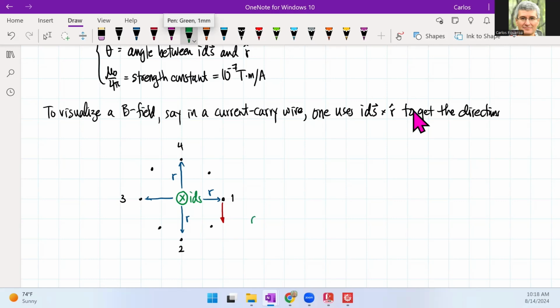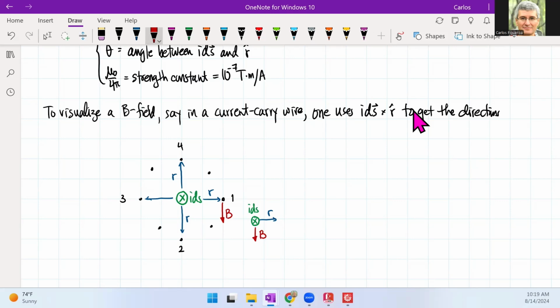I have the current going like this, which will be I ds. Then I have my vector going like that. If I have my index finger in the direction of the current, and then I take my middle finger and go to the right, that forces me to turn my hand over, which then gives me a magnetic field pointing down like that. So that's the magnetic field right there.